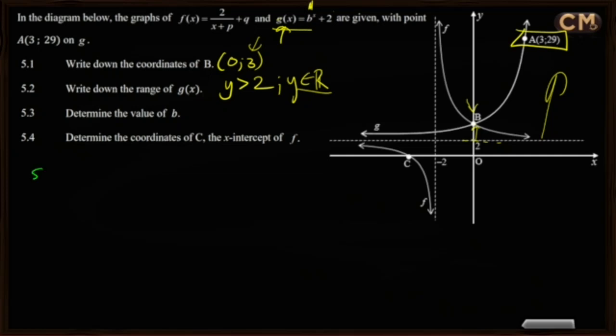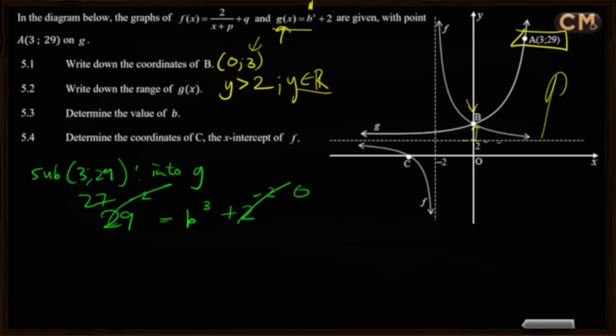So, sub 3 and 29 into g, and we shall have that 29 is equal to b to the power 3 plus 2. Subtracting 2 from both sides, we get 27.